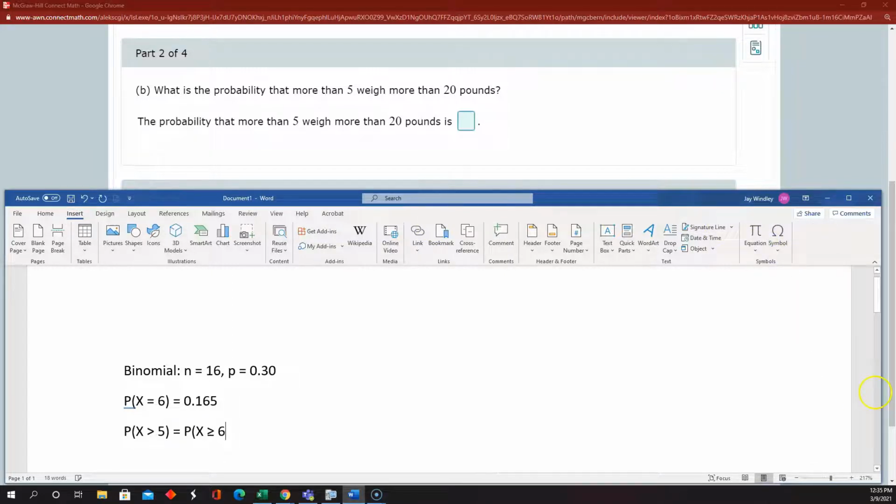So if you have more than 5 successes, you've had greater than or equal to 6 successes. And I could also write this as a complement: having greater than or equal to 6 successes is the complement of having less than or equal to 5 successes.